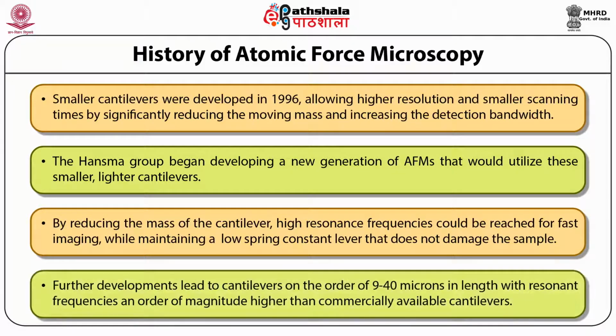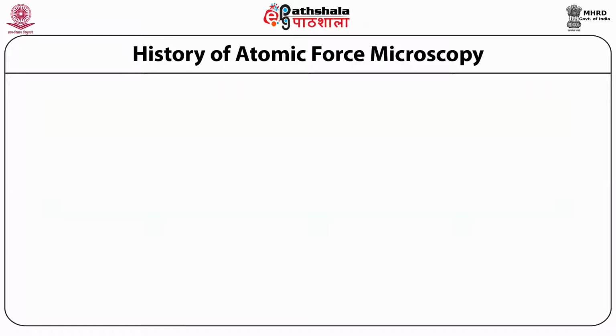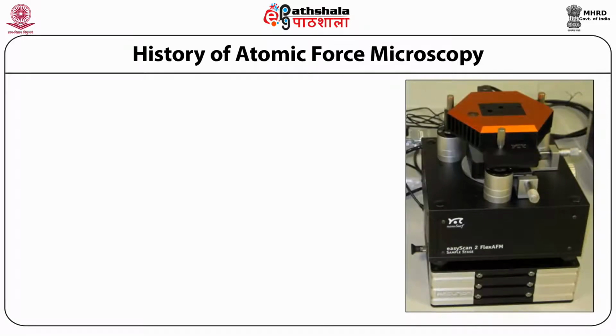Further developments led to cantilevers on the order of 9 to 40 microns in length with resonant frequencies an order of magnitude higher than commercially available cantilevers. This was a significant development. The next prototype was a smaller cantilever AFM, as shown in this figure.